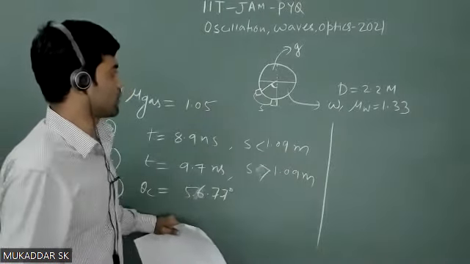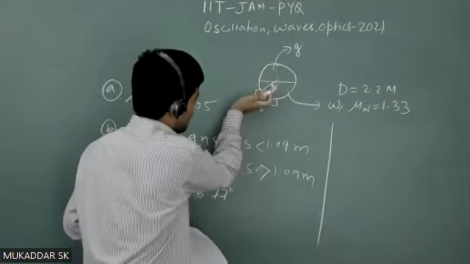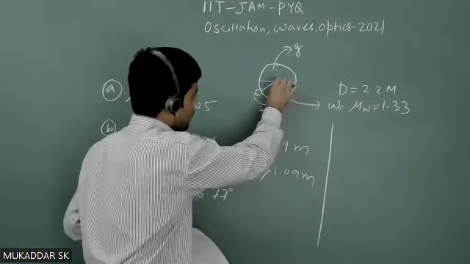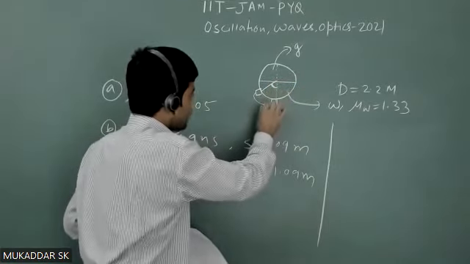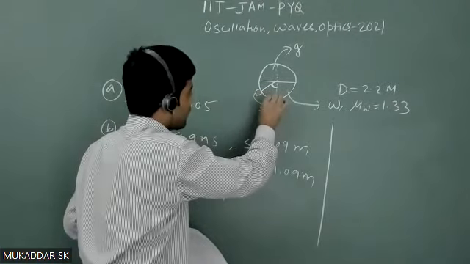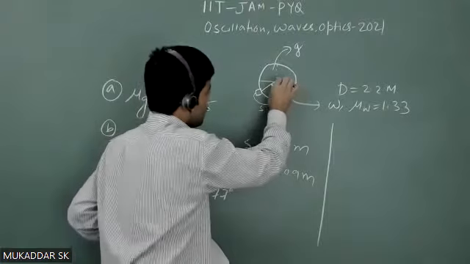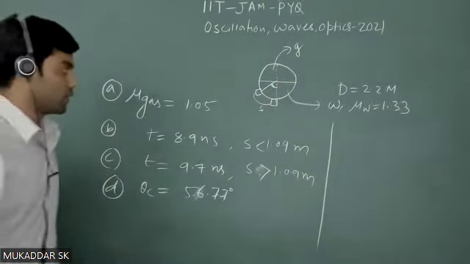This angle will be theta c, because after this, when s is greater than 1.09 meter, what will happen? The whole light will come back into the water again. Okay, and at s equals 1.09 meter and the corresponding angle, in this situation what will happen? The angle of refraction will be how much? That will be basically 90 degree.